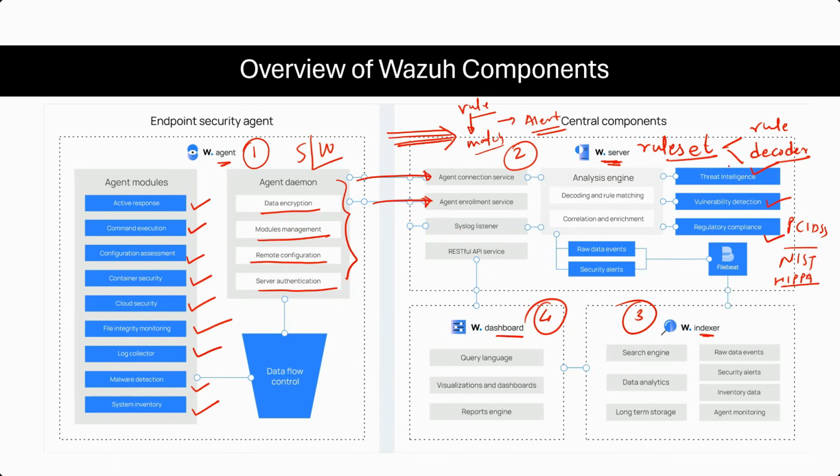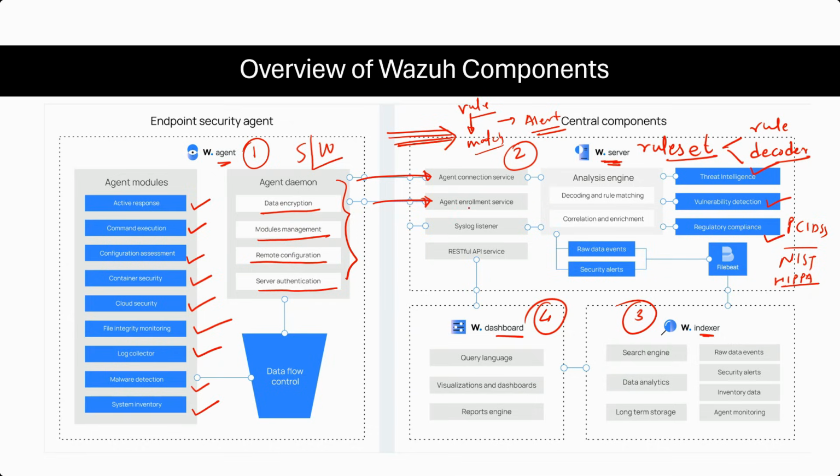Next we have decoders. A decoder is basically to parse the data, because there could be a wide variety of data coming into Wazuh. Some of them are already parsed because the Wazuh community keeps building a lot of decoders and doing the parsing themselves.